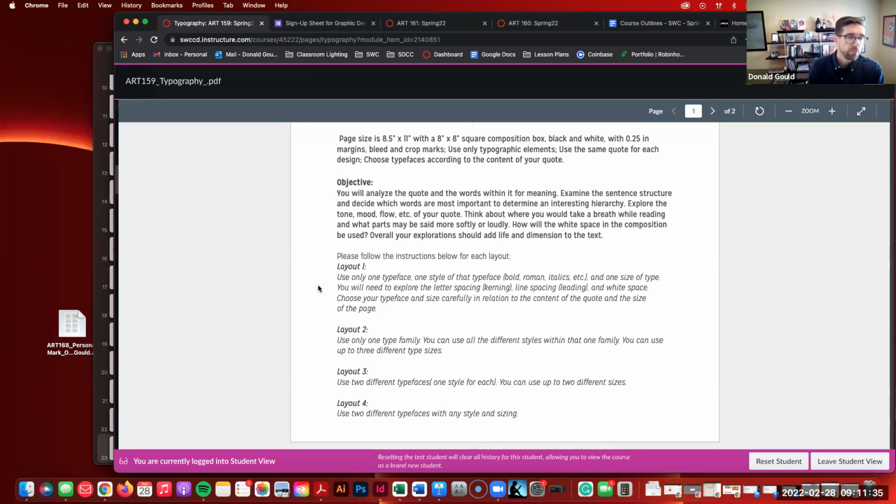Then in layout number 3, now we're able to bring in an additional typeface. So now we're using 2 typefaces, but only one style or one font within each one of those. And again, you can use 2 different sizes for that one. And then in layout number 4, you can use 2 different typefaces, in any style and in any sizing that you would like.